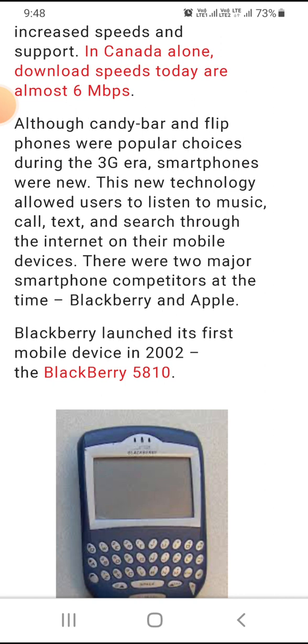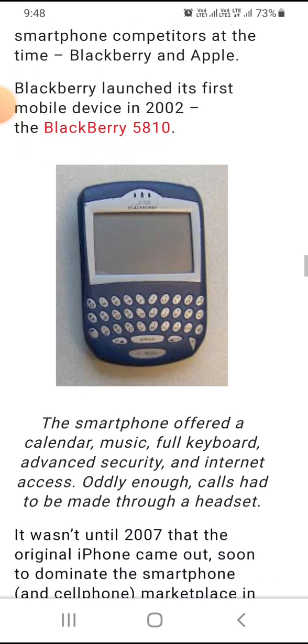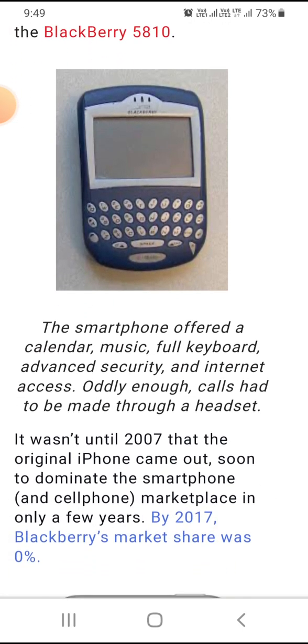BlackBerry launched its first mobile device in 2002, the BlackBerry 5810. This smartphone offered a calendar, music, full keyboard, advanced security, and internet access. It was not until 2007 that the original iPhone came out, soon to dominate the smartphone and cell phone marketplace in only a few years.